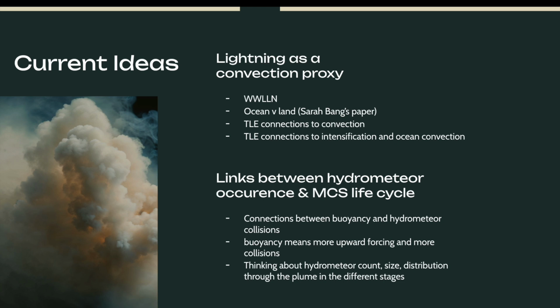I think we can start trying to see if there are any observable connections to tropical deep convection. Current research has mostly focused on connections between TLEs and tropical cyclone intensification and oceanic convection. I can talk more about this later, but I think there's something really exciting and promising in this area.